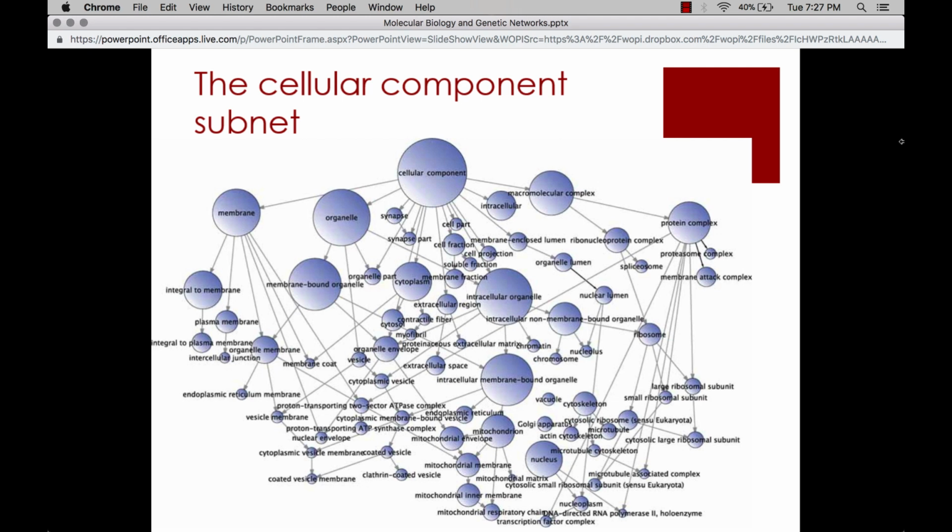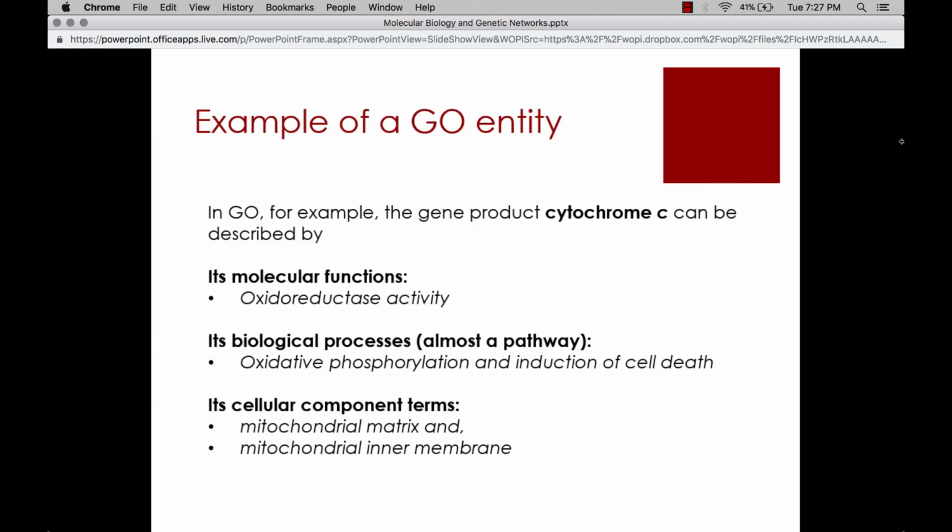This is an example of a gene product and its different categories as coming from a gene ontology database. So this cytochrome C is associated, for example, with a process related to cell death and is related to the mitochondria.